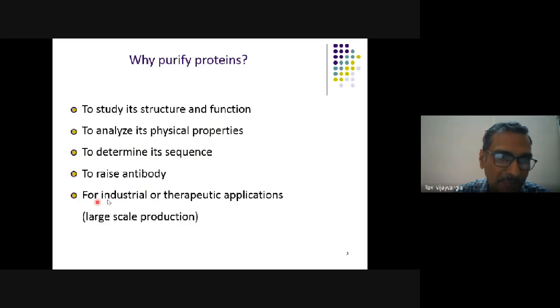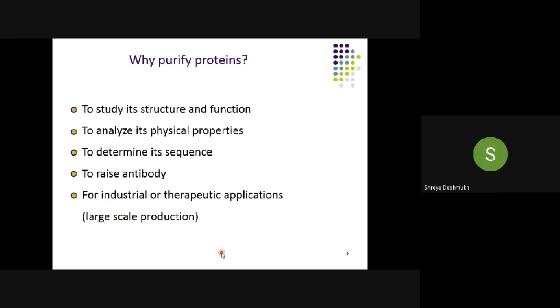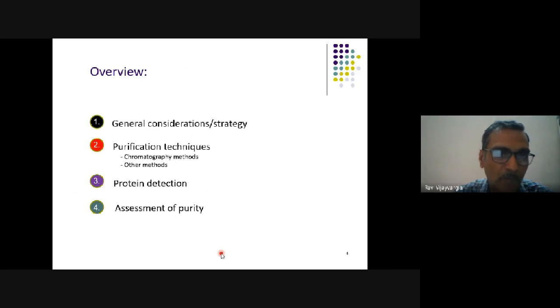For example, lipases are added in your detergent so that fat stains also come off, because you have lipase enzyme in the detergent. Okay, so these are some of the common uses of purified proteins. There can be many more, but these are some common uses. Is this clear to everyone? Yes, sir. Yeah, you should respond, so accordingly we move forward.